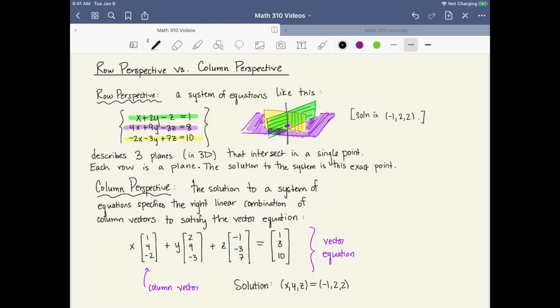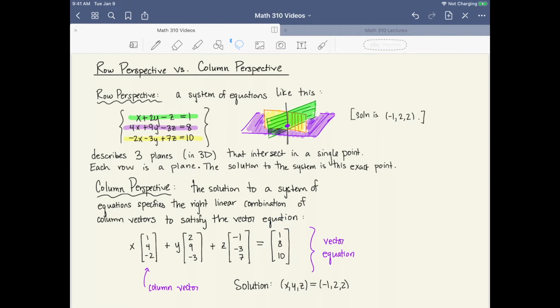When we seek a solution, in this case that solution was -1, 2, 2, what we're trying to find are the values of x, y, and z that work out to where we would produce the column vector 1, 8, 10. What we're looking at here is called a vector equation.